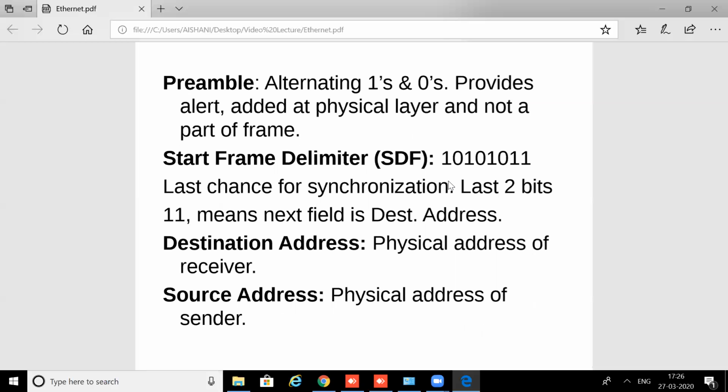While the receiver gets this part of the data, it does not have to interpret what is written in the preamble, because it is alternating 1s and 0s, which is insignificant data. At this moment, the receiver doesn't have to interpret the data sent by the sender. Rather, the receiver synchronizes with the sender at this time.